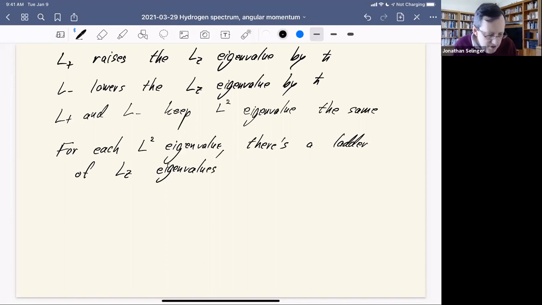So that means we start with this state, our initial state F, that has an LZ eigenvalue of mu.